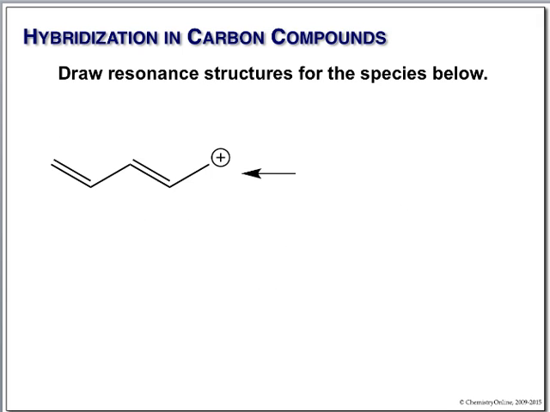All right, let's do another one here. Another carbocation. We're going to do the same thing. Move electron pair in to neutralize it. And that's going to leave this carbon here electron deficient.